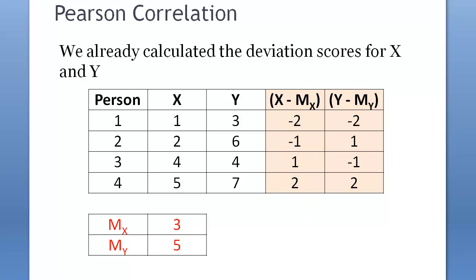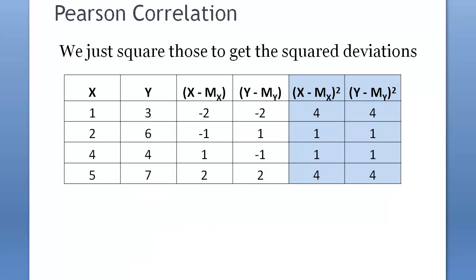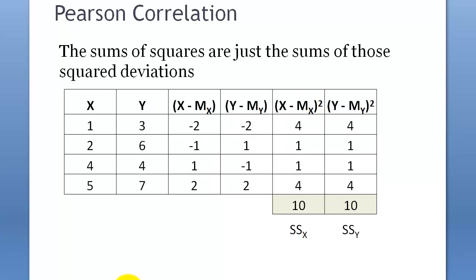That's a sum of squares, just like a regular sum of squares. Do that and square it, and that is the sum of squares for x, and the sum of squares for the y values. And what do you do with that?